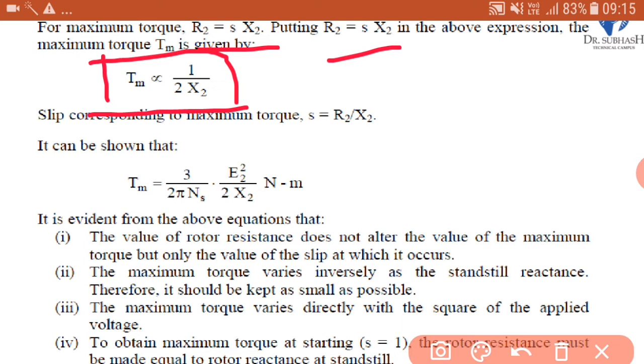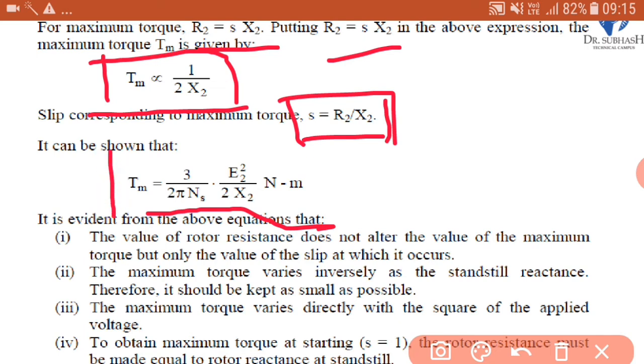Slip corresponding to maximum torque is S is equal to R2 upon X2. It can be shown that Tm is equal to 3 upon 2 pi ns into E2 square upon 2X2 Newton meter.